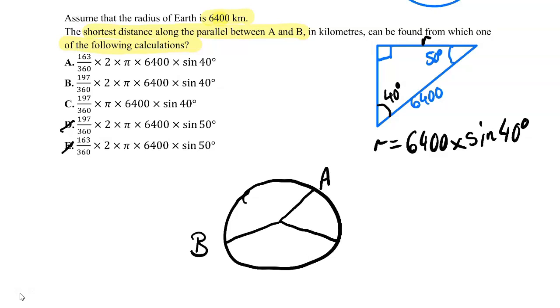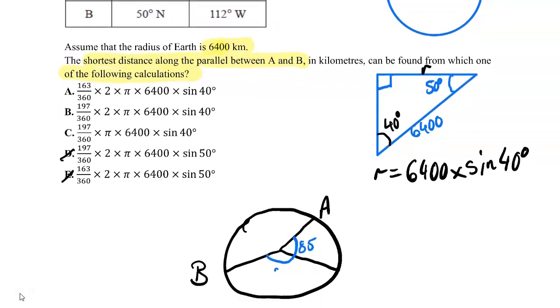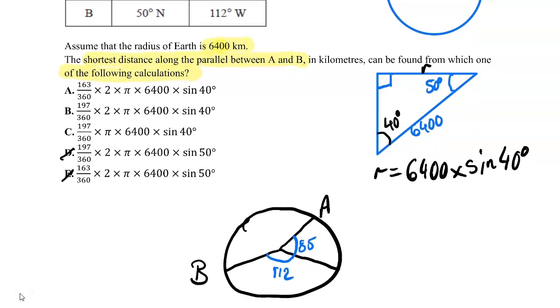So the angle here is 85 plus 112, so that's 197.